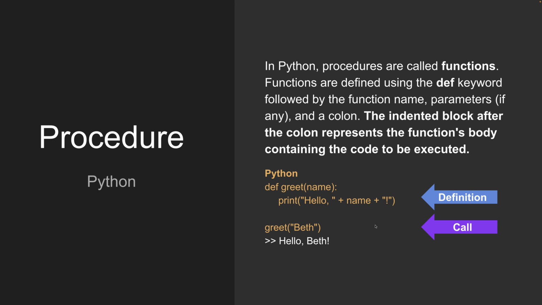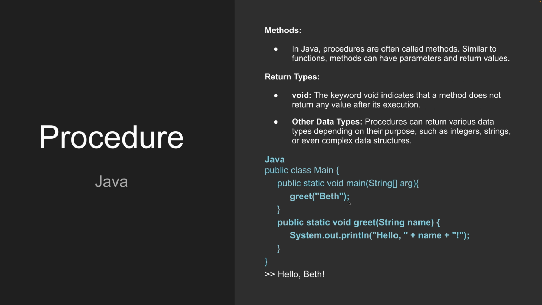In Java, we say, I need you to print out hello with the parameter, the name, with an exclamation mark, and I call that function over here, greet Beth. It looks identical to the Python. If I don't have a return and I just have a task, in this case print, this would be a void method.